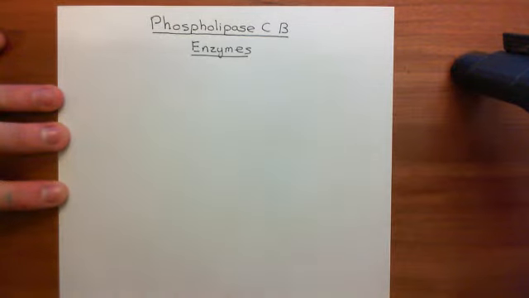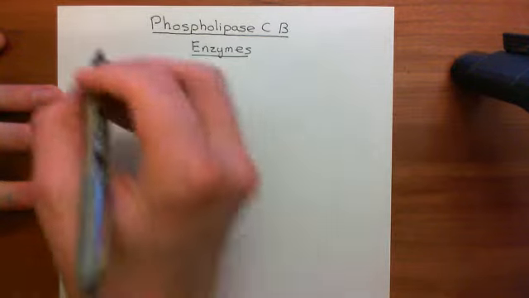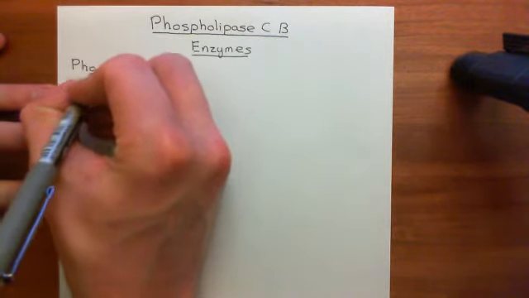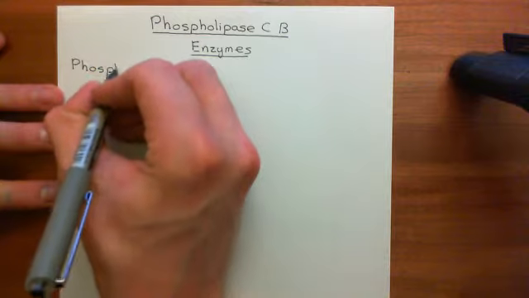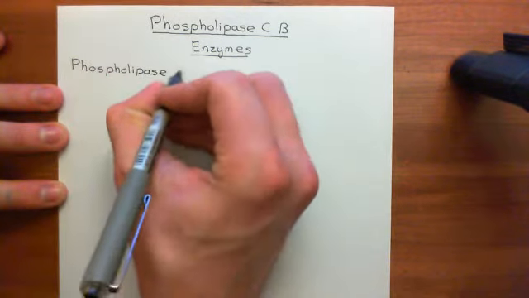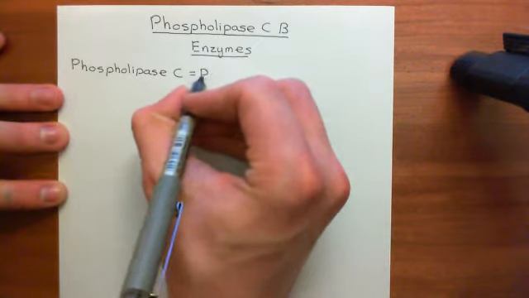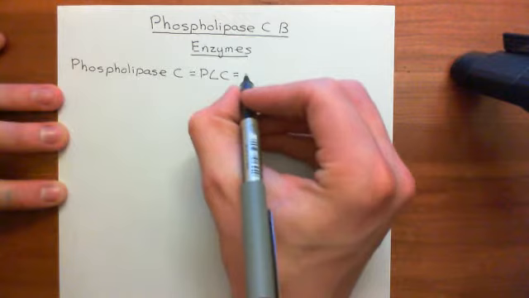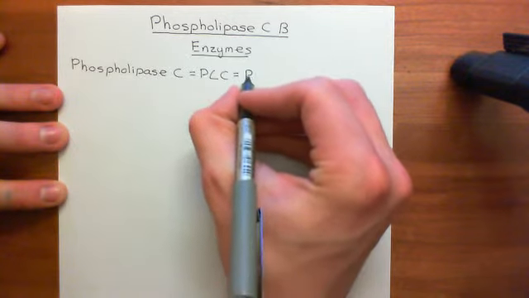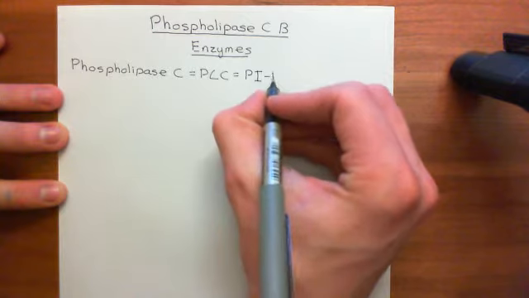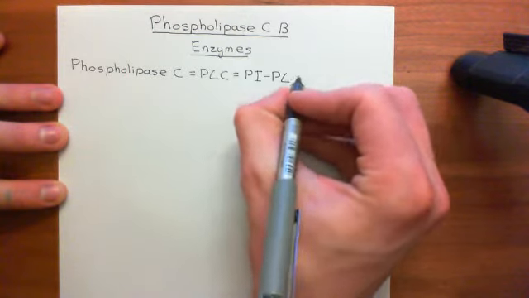The first thing to say is that phospholipase C enzymes are often abbreviated to PLC enzymes for short. So P for phospho, L for lipase, and then C for C. In addition, they also have another name that sometimes you might see used, which is phosphoinositide-specific phospholipase C enzymes.